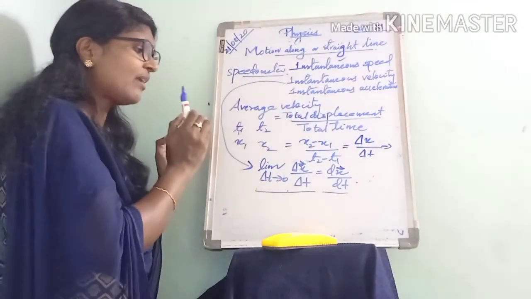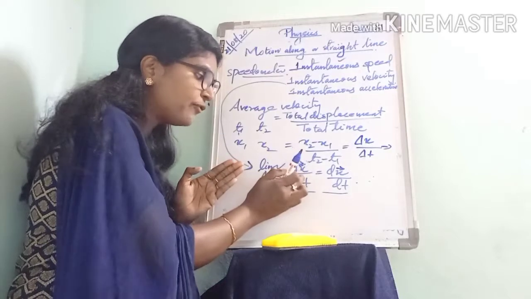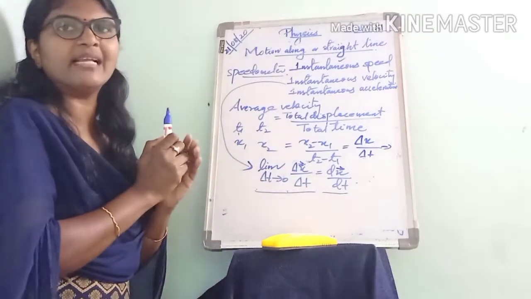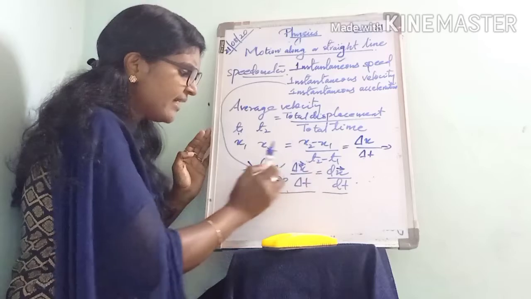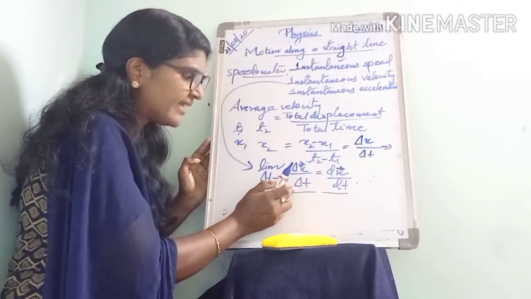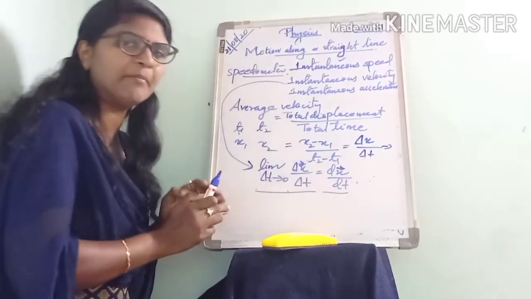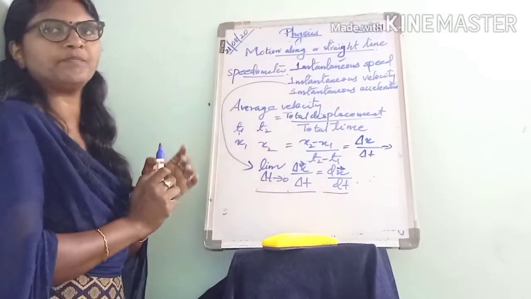So how can we measure instantaneous velocity? It is the limiting value of average velocity when delta t, the time interval, approaches 0. So limit delta t tends to 0, delta x divided by delta t, is equal to dx divided by dt, which is the instantaneous velocity.